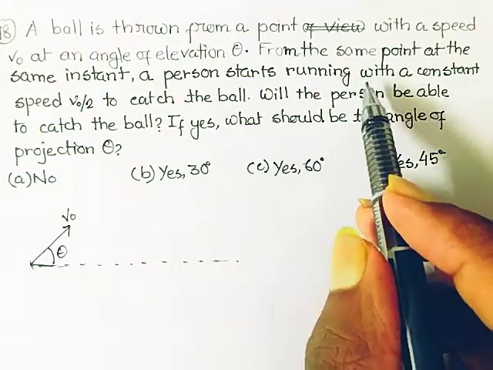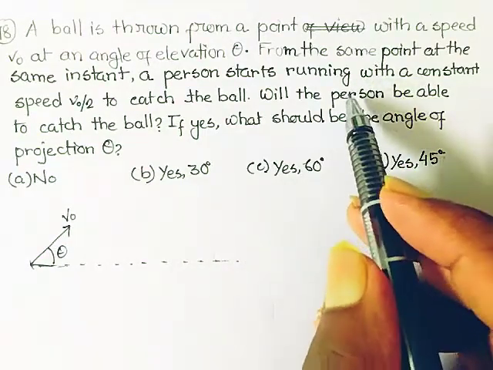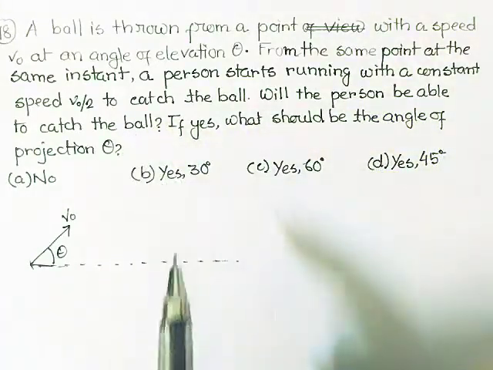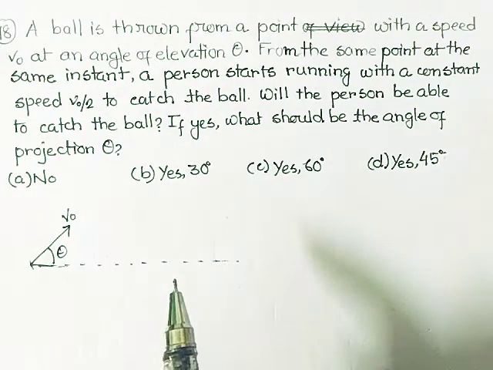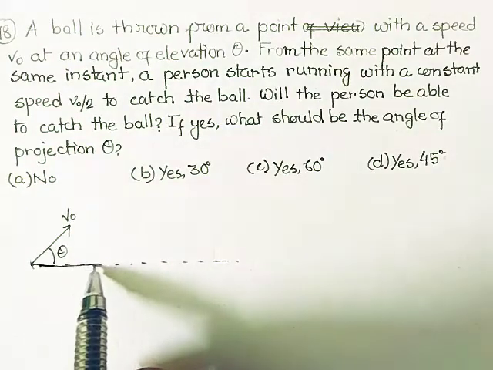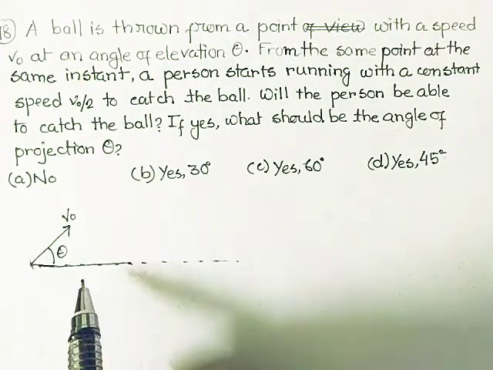So he starts running with this velocity v0 by 2.